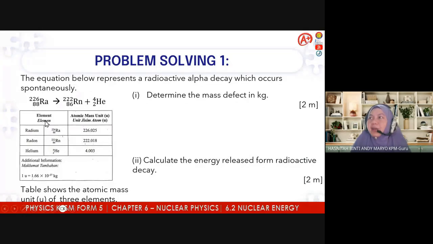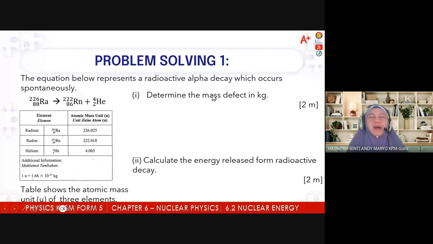You are given a table with the atomic mass unit for each of these elements: this is the AMU for radium, this is for radon, and this is for helium, which is alpha. And this is the additional information you are given: 1 AMU equals 1.66 times 10 negative 27 kg. So the question first asks you to determine the mass defect in kg.